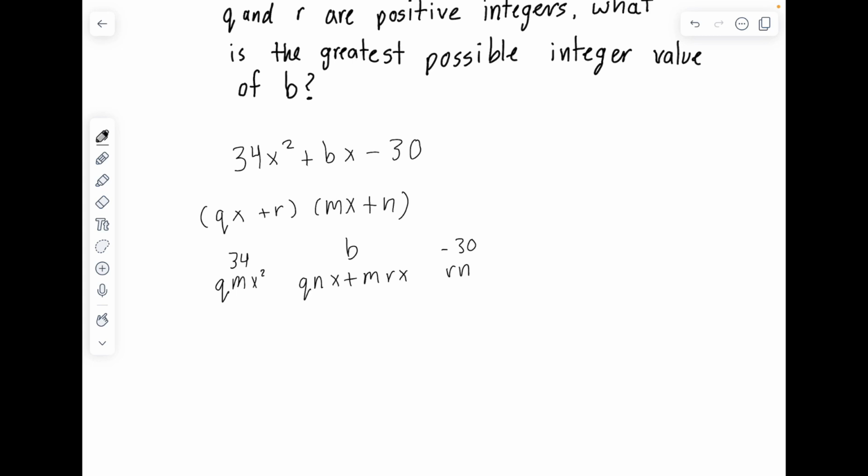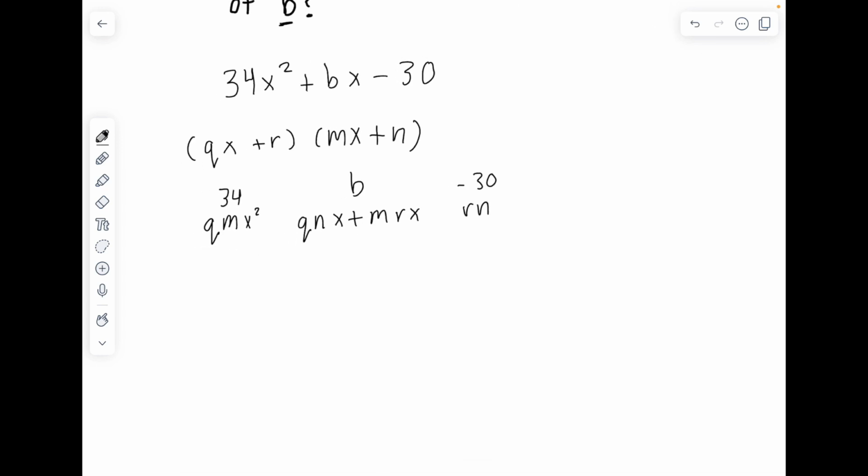Okay, so now we're trying to find integer values of b. So let's say that r equals 30 and n equals negative 1, because those are the possible values we could get. Now let's say q equals 34 and m equals 1.